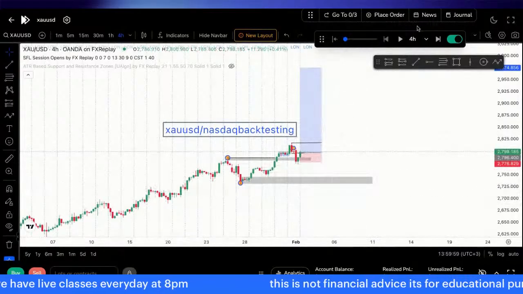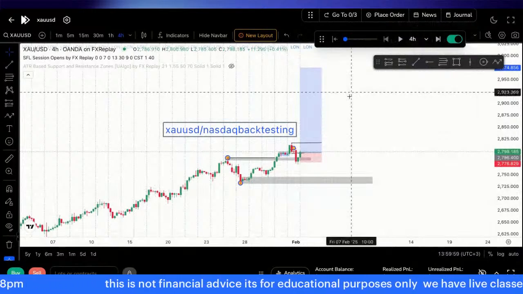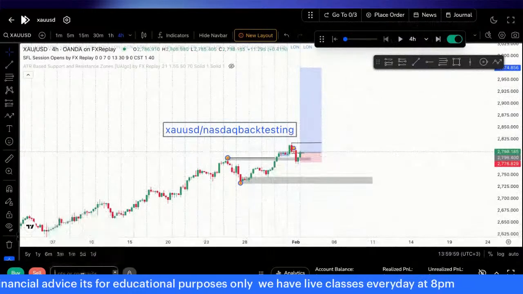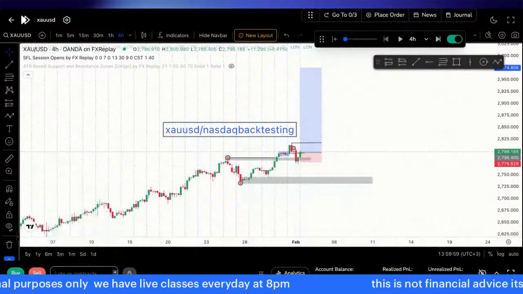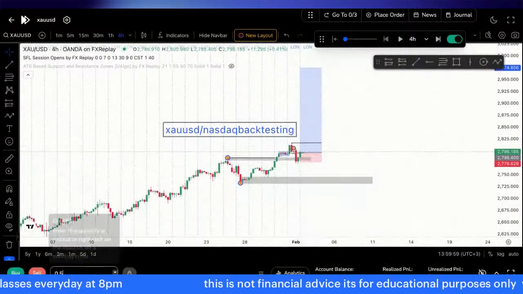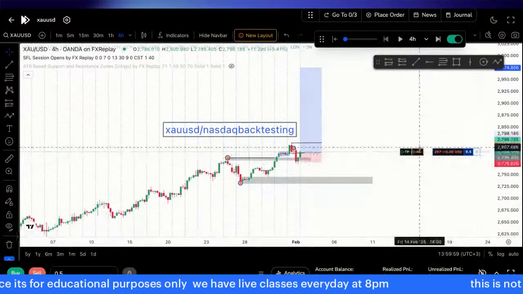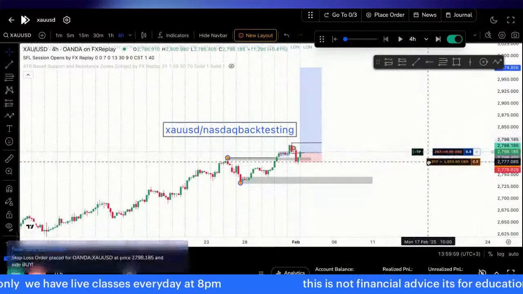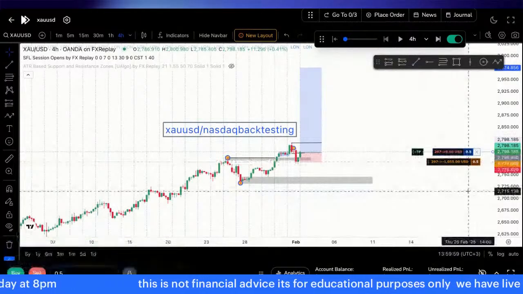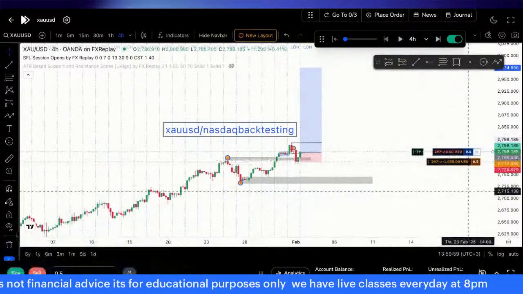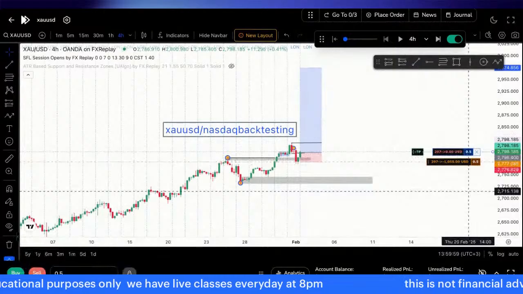So let me see the pips. I'm risking 190 pips. I'm going to use 0.5 lots for me to risk 1k on this trade. I have the position sizing in my head. As you can see, it's exactly $1,000.